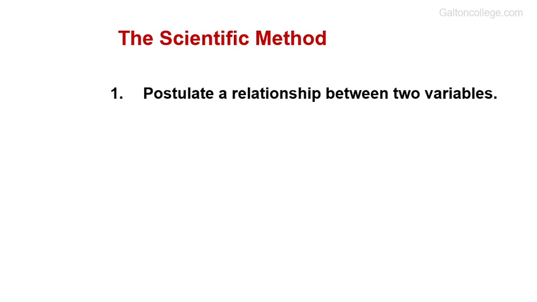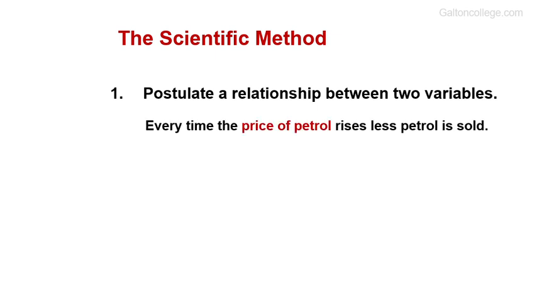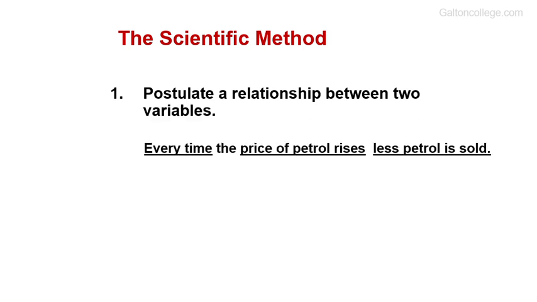So we postulate the relationship between two variables. For example, every time the price of petrol rises, less petrol is sold. We postulate the relationship, and in that relationship we have three parts. Every time, we're talking about it being universal here, every time, not sometimes, every time.